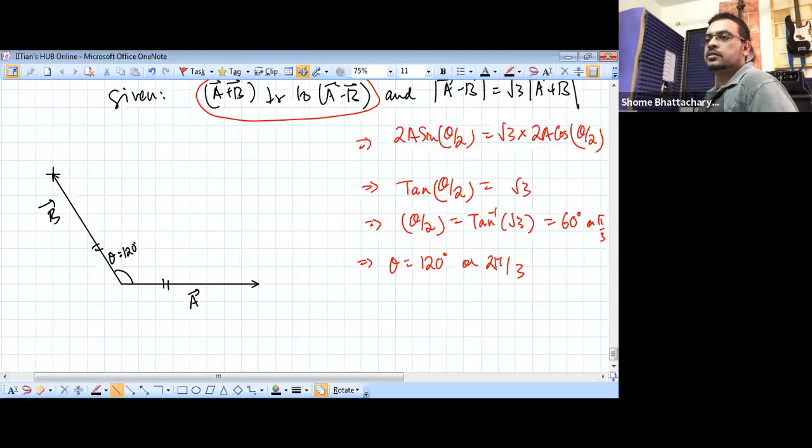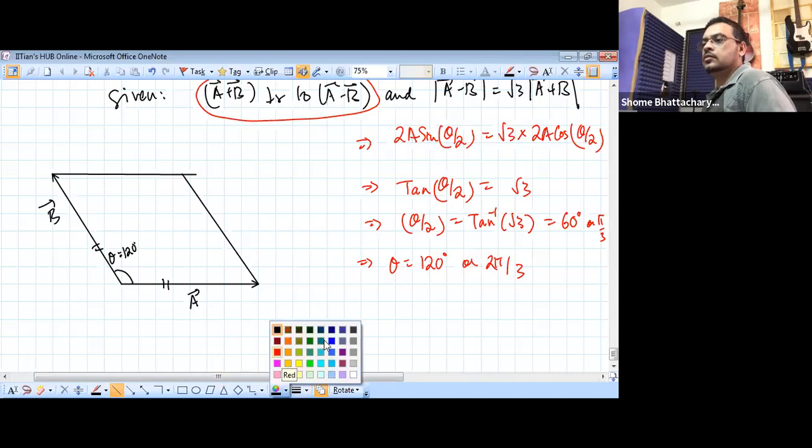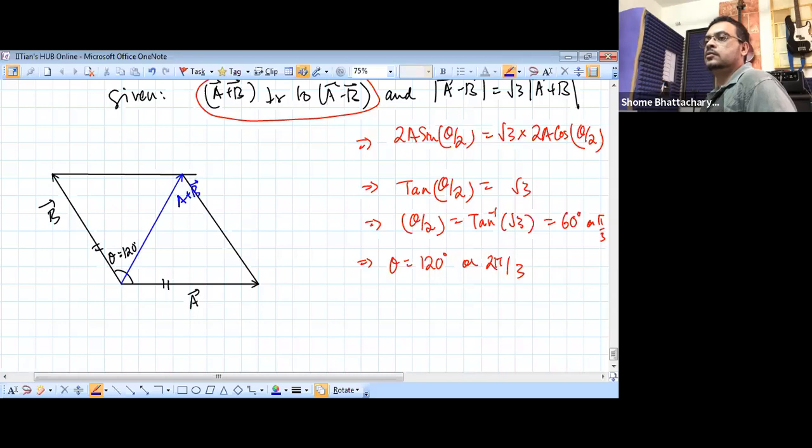Yeah, Prince, I'm coming to your doubt, just a second. My diagonal will be looking like this. You can see that this is your A plus B, and this angle is equal to this angle, alpha, which will become 60 degrees.